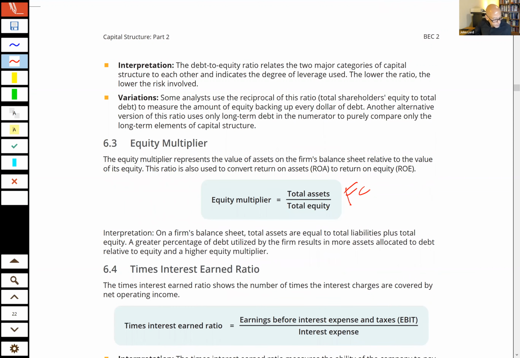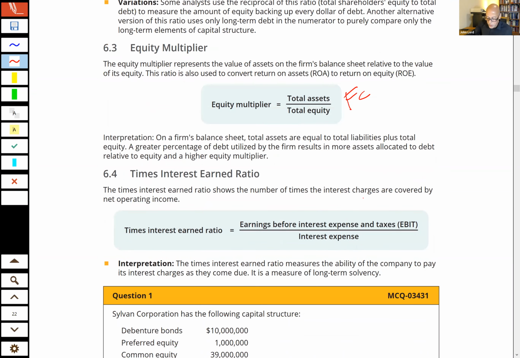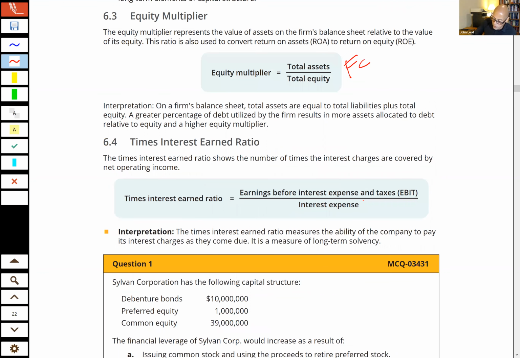Times interest earned is earnings before interest expense and taxes divided by our interest expense, and it tells us the times interest earned. You will flashcard and memorize that.